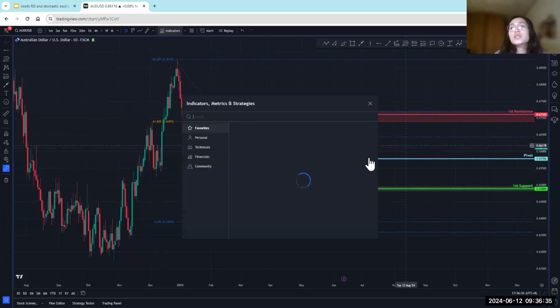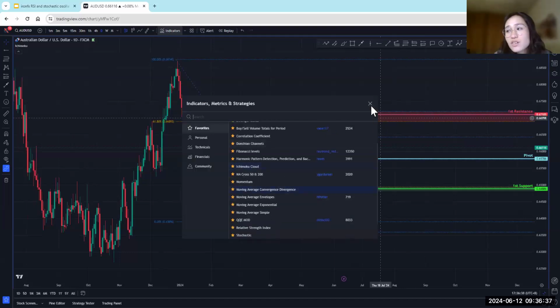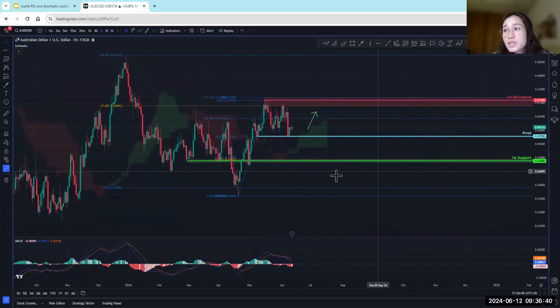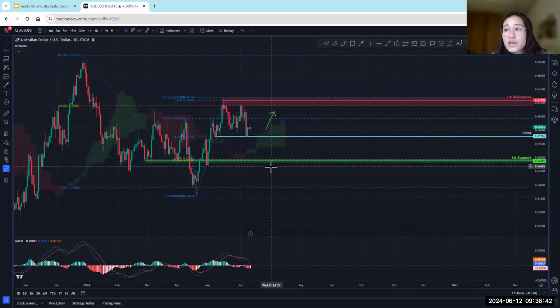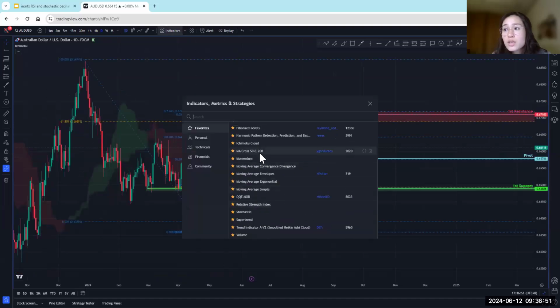Okay, now let's look at some indicators. I like to start off by looking at Ichimoku and MACD because it's easier to see at one glance what your signals are. So now Ichimoku supports our bullish signal. MACD is not supporting our bullish signal.